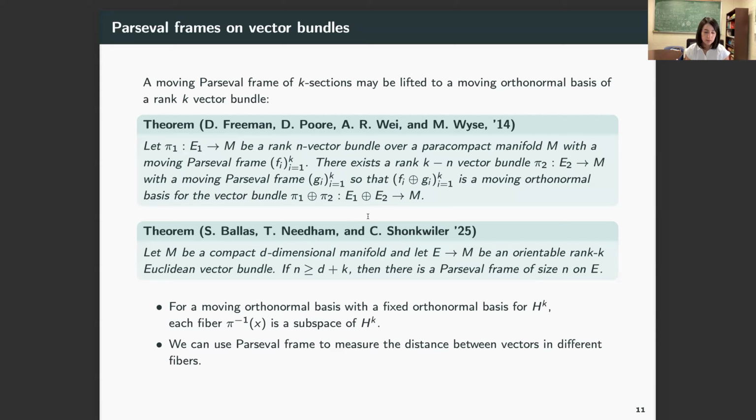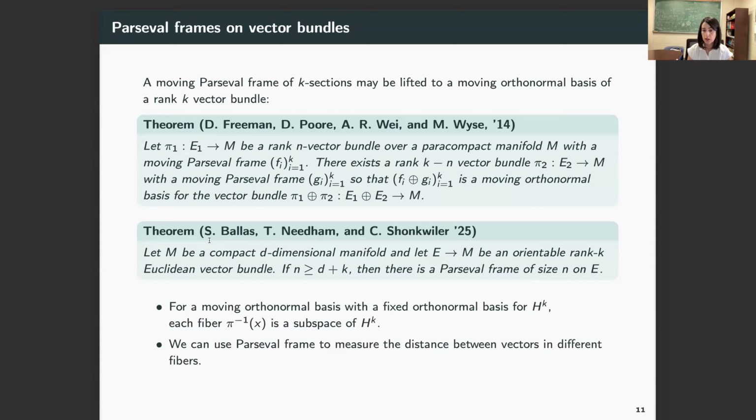And complementary to that, there is a theorem by Ballas, Needham, and Scheinweiler, which says that in order to create a parseval frame of size n, this needs to be at least the dimension of our manifold plus the rank of our vector bundle.